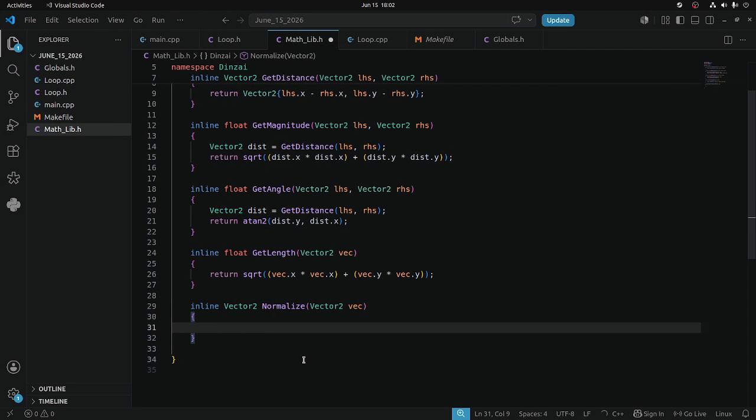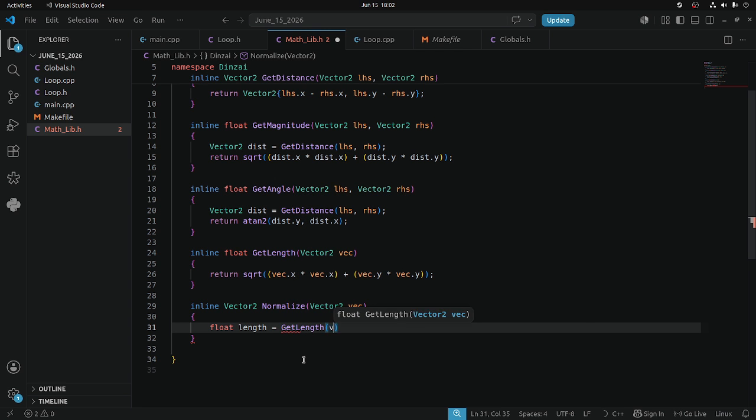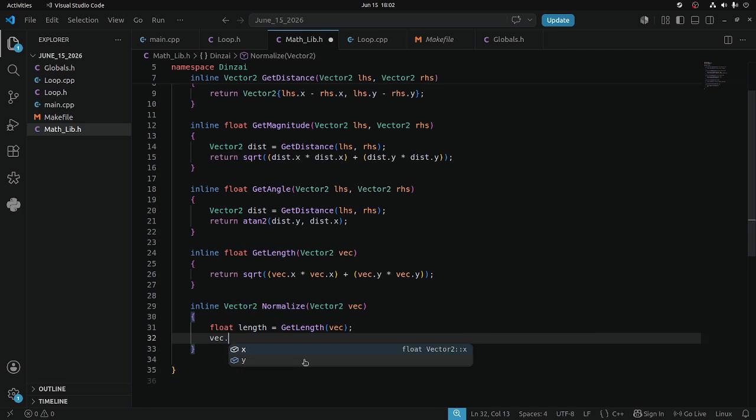And what we would do for normalizing is we would get the length. So I'm going to call this get the length function. We're going to pass in our vector. And then I'm going to say, hey, vector, I want you to divide by the length. And I'm going to do that for the x and the y.